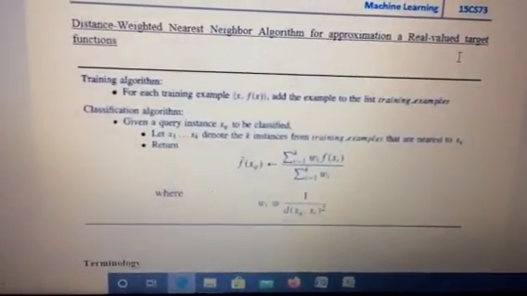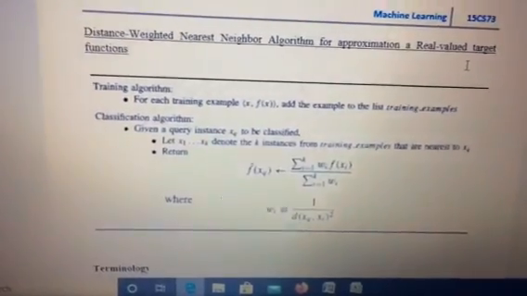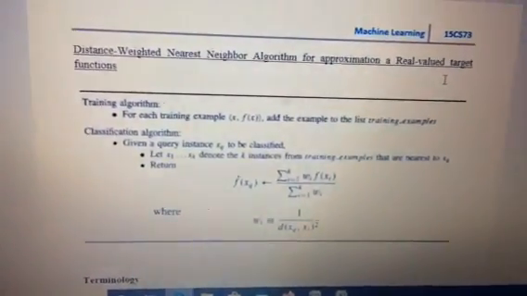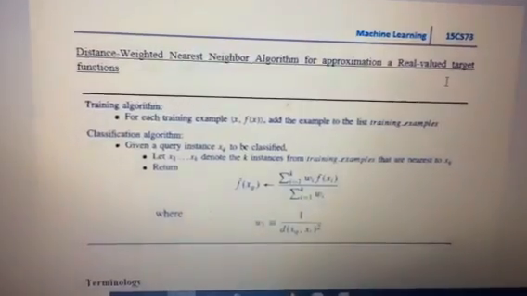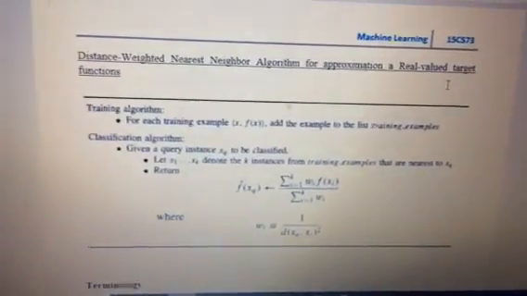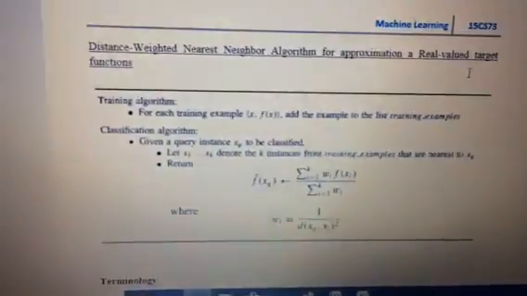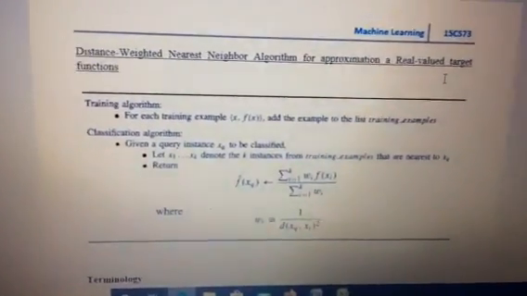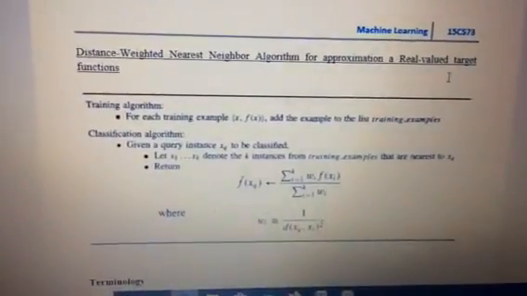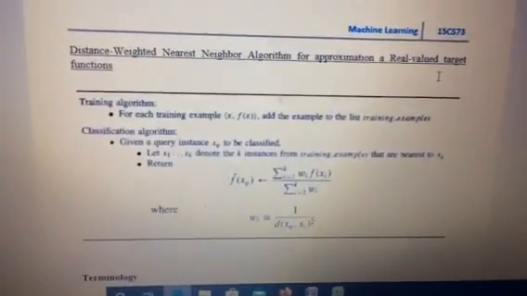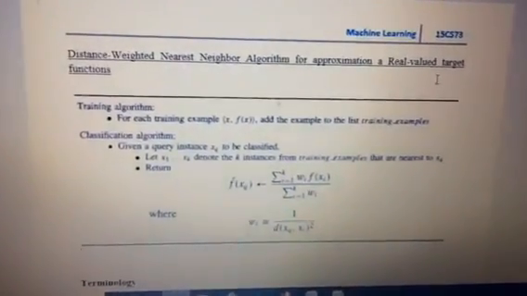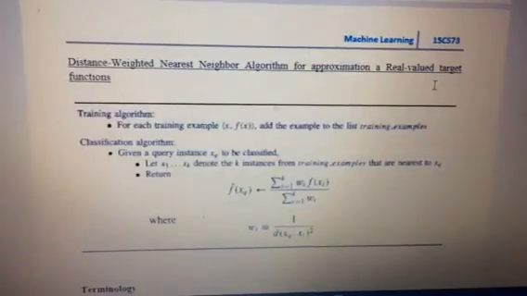So this is about the distance weighted nearest neighbor algorithm. The main point here is that we assign a weight to each of the data points by calculating the distance from the query point. The greatest weight is assigned to the nearest neighbor, and the smallest weight is assigned to the farthest neighbor.